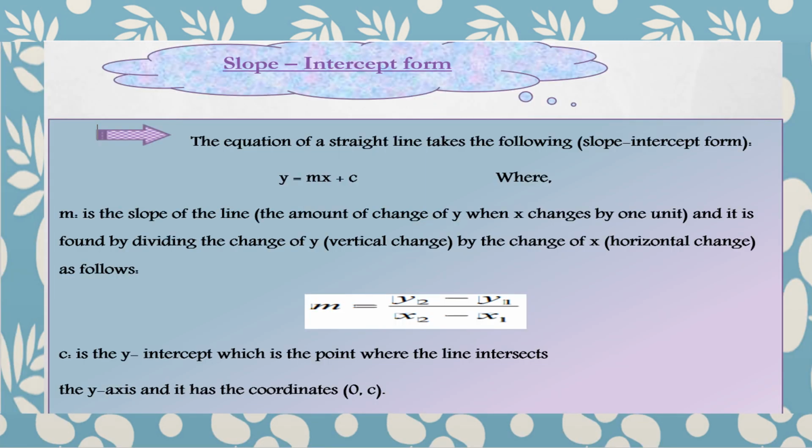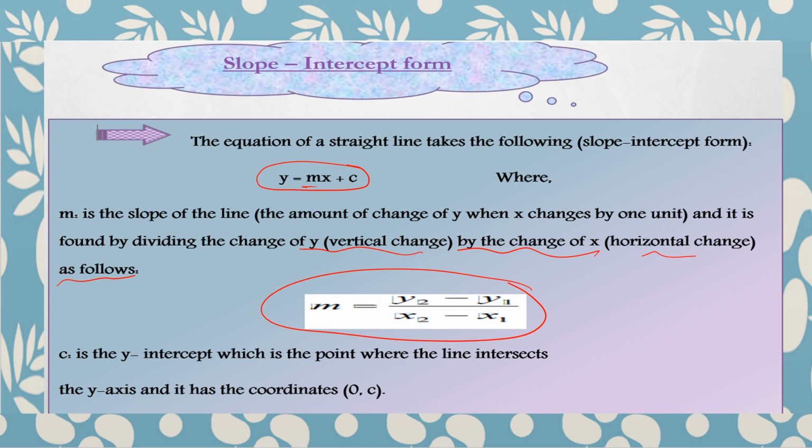Slope-intercept form. The equation of a straight line takes the following slope-intercept form: y equals mx plus c, where m is the slope of the line, which is the amount of change of y when x changes by 1 unit, and it's found by dividing the change of y, which is the vertical change, by the change of x, which is the horizontal change, as follows.